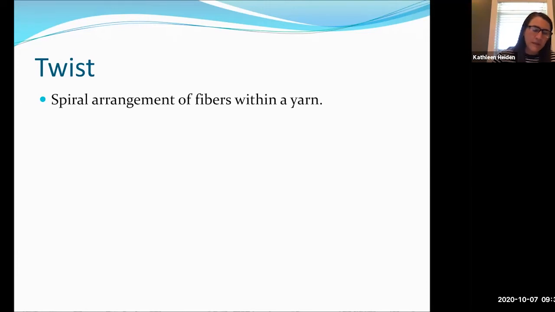So the more twist that you have in a yarn, the finer and stronger that yarn is going to be. However, the more twist that you add, the less absorbent that yarn is going to become, because you've tightly put the fibers in there, so you don't have air pockets in between the fibers in the yarn. Therefore, water and air can't get into there as easily as if it had lower twist.